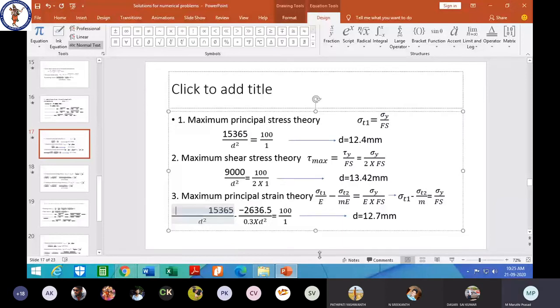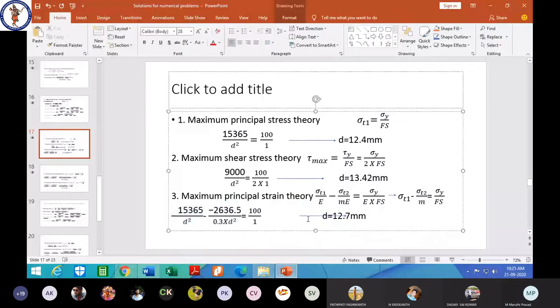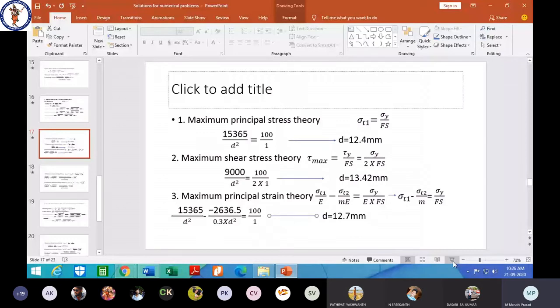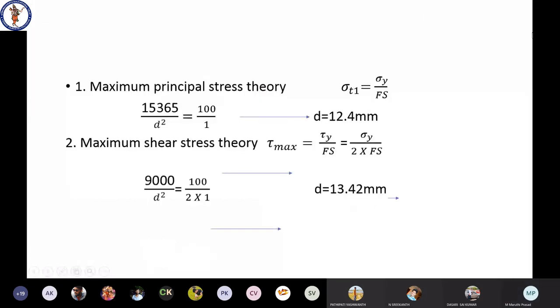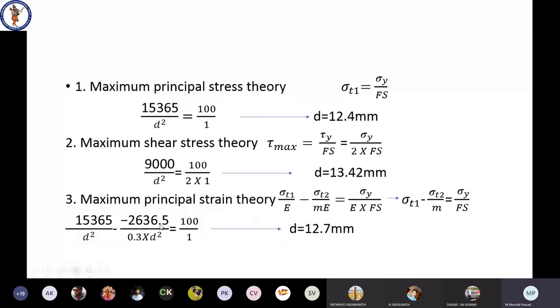So you check this answer, whether I have included 0.3 or not. You just check this one. You check and confirm it.